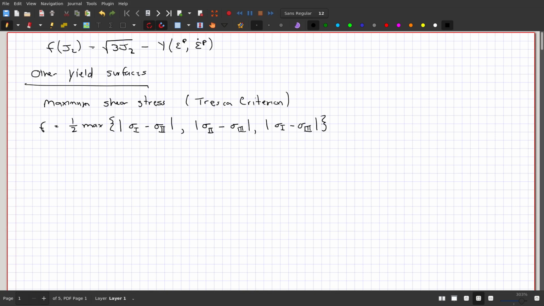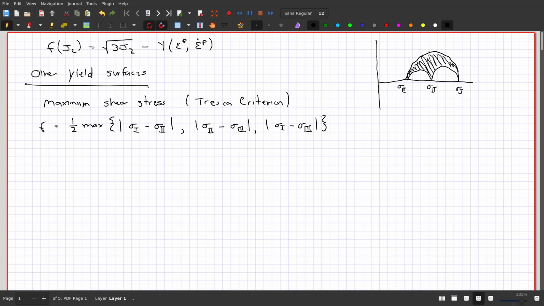And if you recall, when we looked at the Mohr circles, the state of stress is always in this region, and this is sigma 1, sigma 2, and sigma 3.